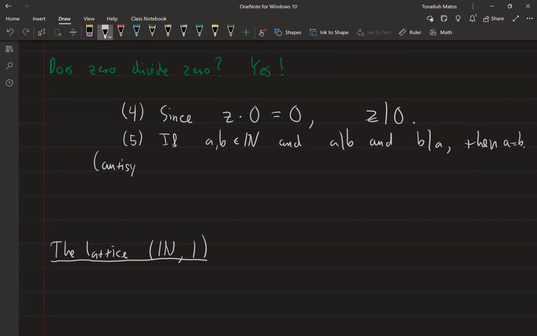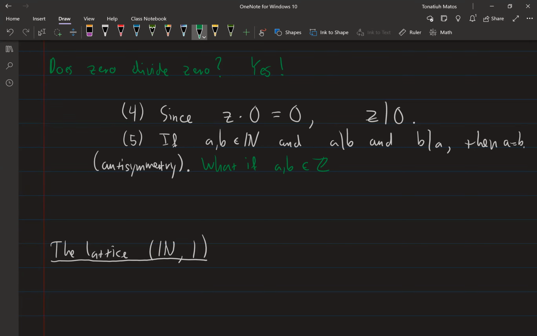So the question is, what if a, b are just integers? Can you still conclude that if they divide each other, they're equal? And the answer is no, right? So -2 divides 2, and 2 divides -2.